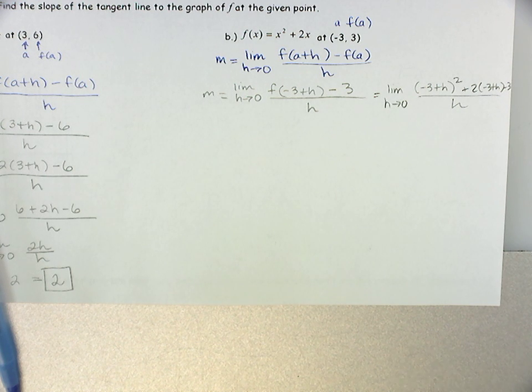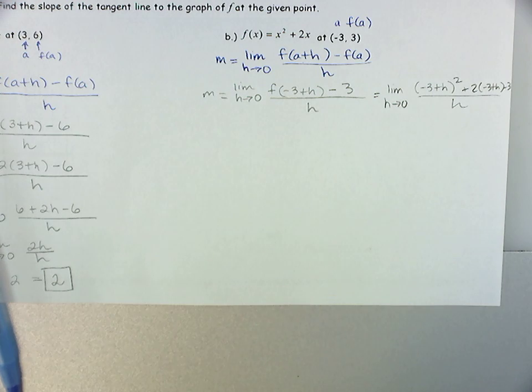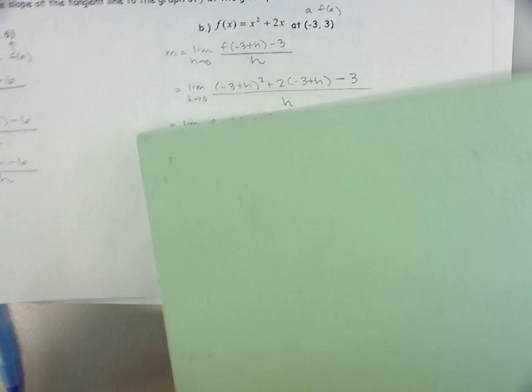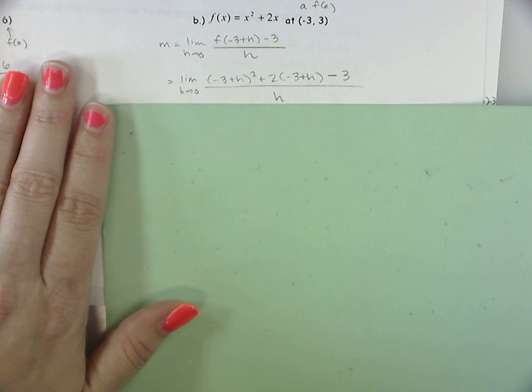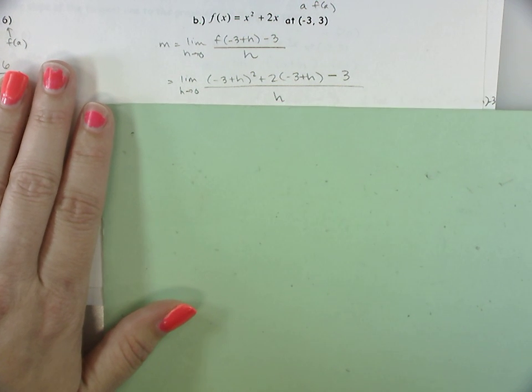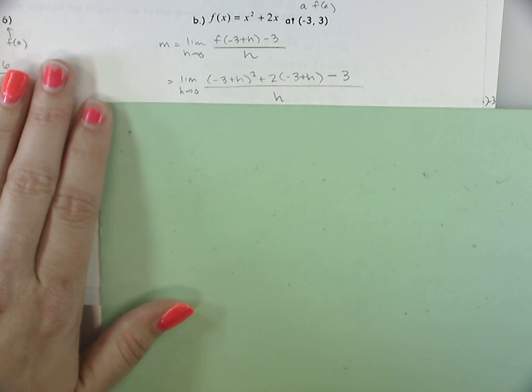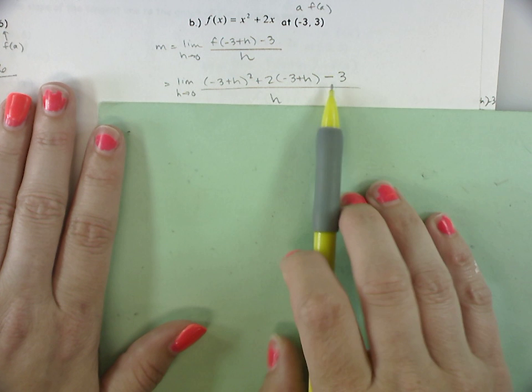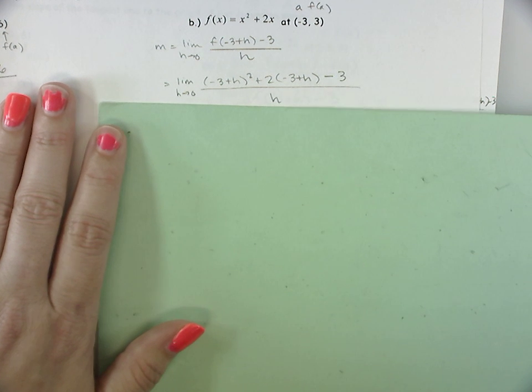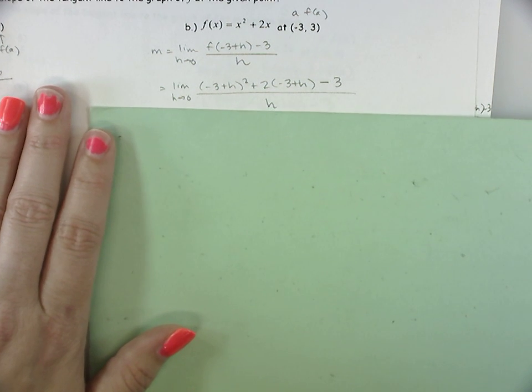Were you guys able to do your substitution correctly? Isn't f of a just 3? So wouldn't it be negative 3 plus h squared plus 3? Your f of a is 3, so because your formula is minus, you'll have minus 3.